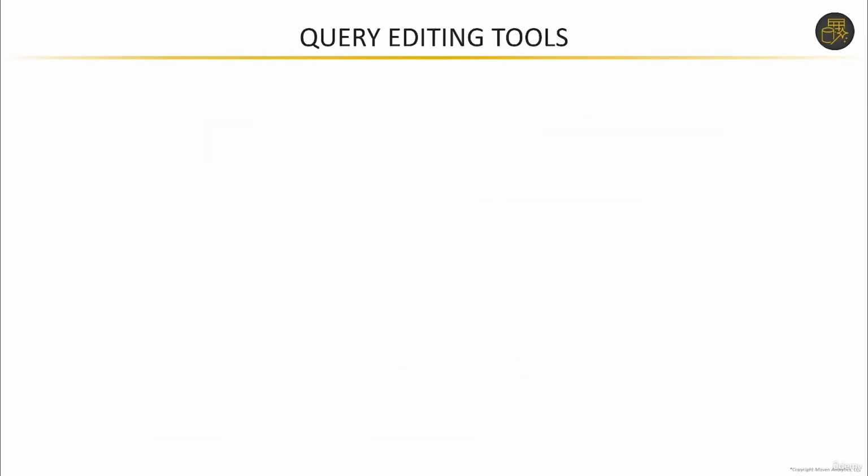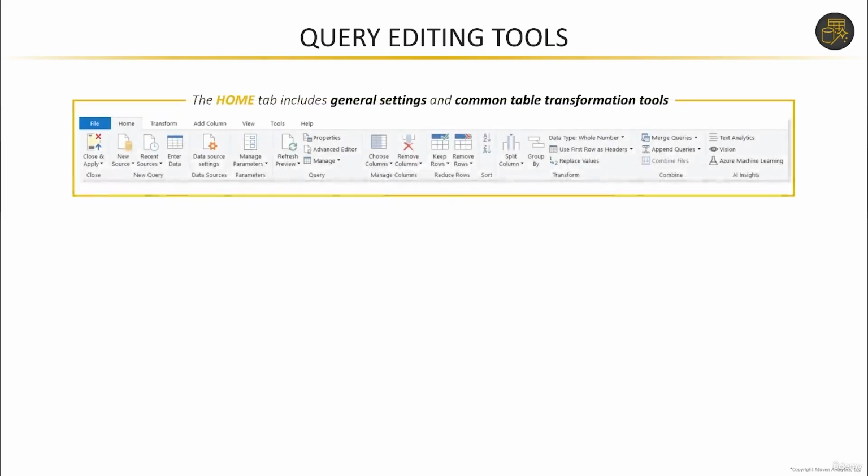So moving on to the query editor tools, I want to just take another minute here and introduce the 3 primary tabs or categories. First, we've got our Home tab. This includes some general settings, data source settings, parameters, table properties, etc., as well as some of the most common table transformations.